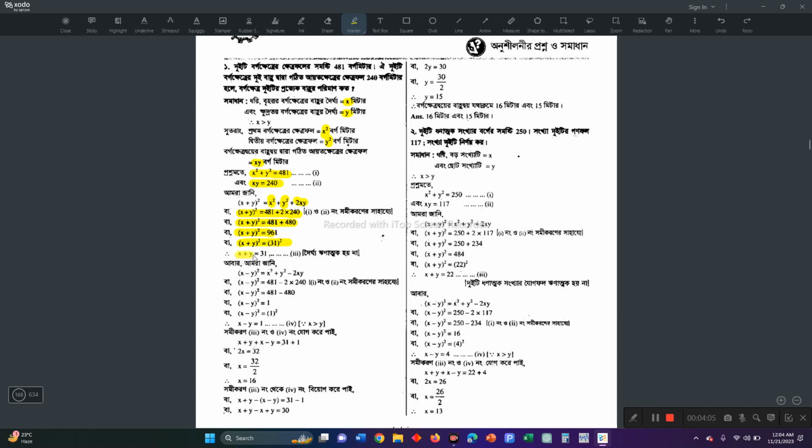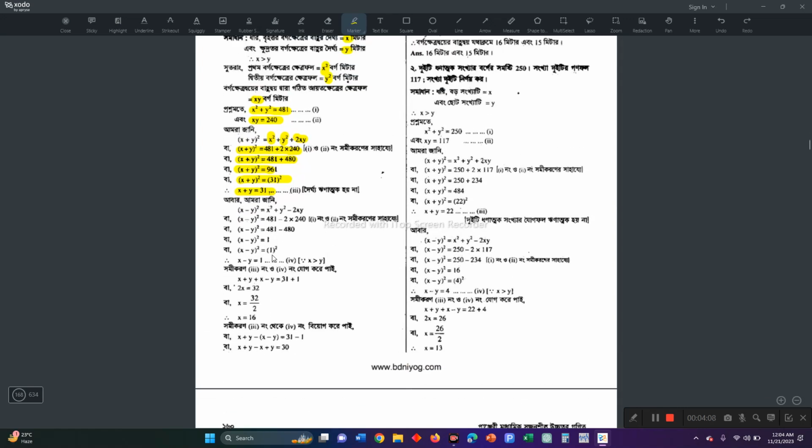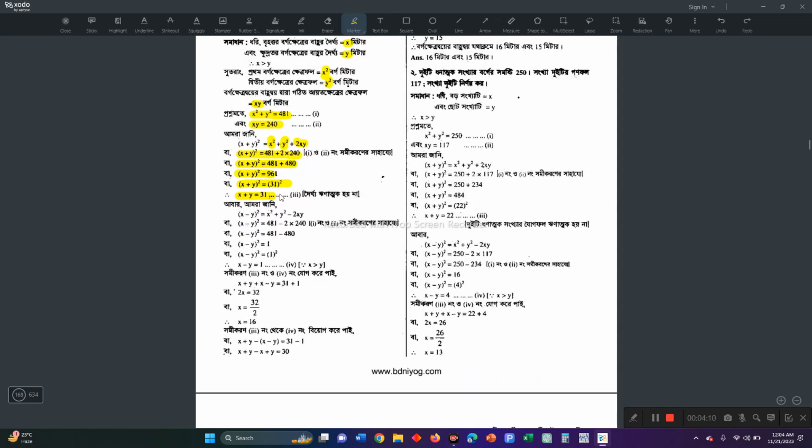That means x plus y is equal to 31. To solve this type of maths, it is easier if we get another value for x minus y, and then we can add and subtract these two equations. Then we will separately get the values of x and y.